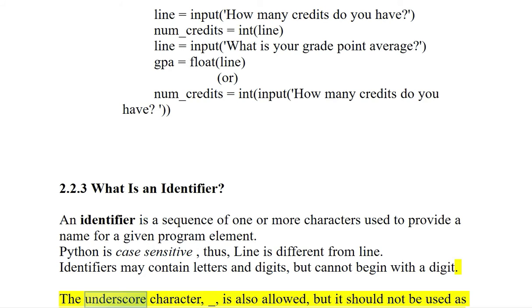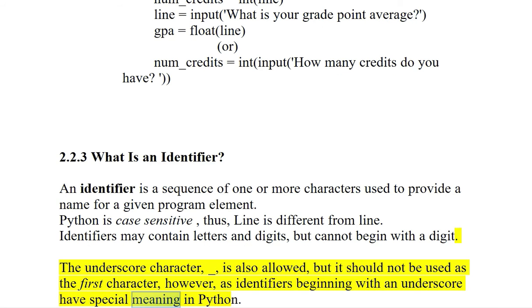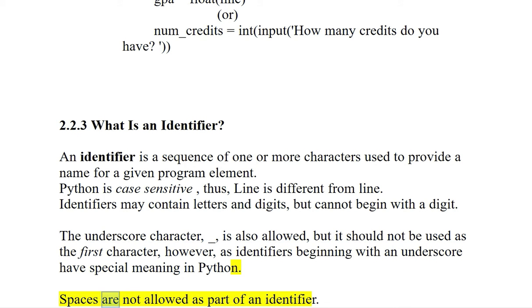The underscore character is also allowed, but it should not be used as the first character, as identifiers beginning with an underscore have special meaning in Python. Spaces are not allowed as part of an identifier.